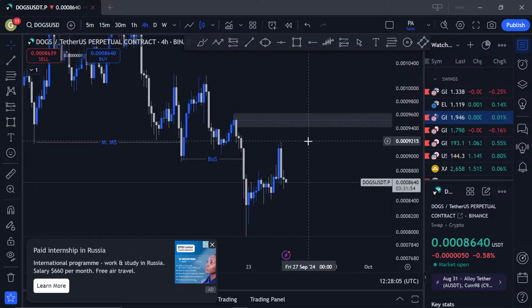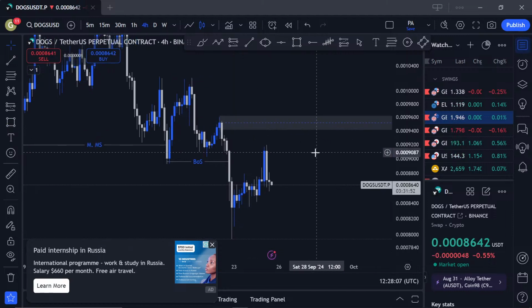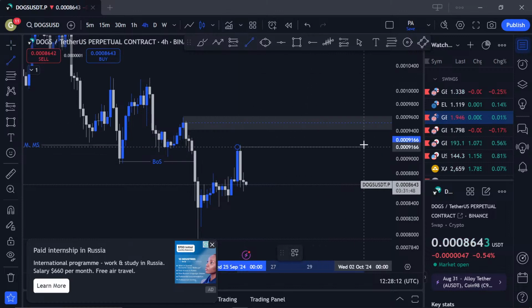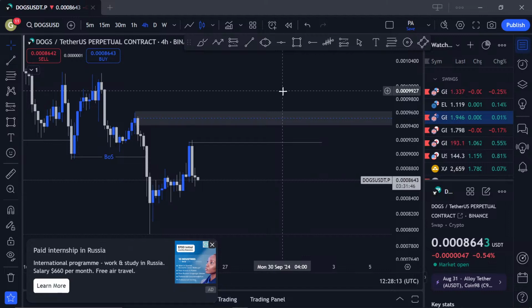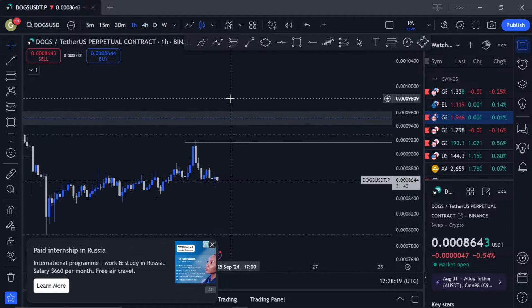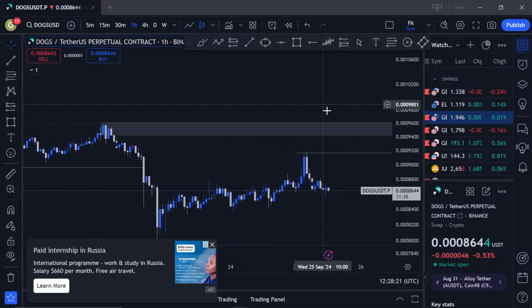It's a supply level right there. Our liquidity right here. So looking at the 4-hour, Doge is still on a serious sell ride.